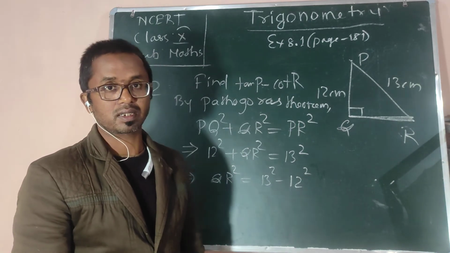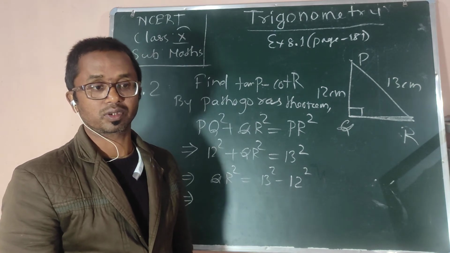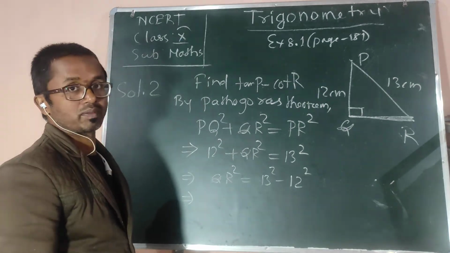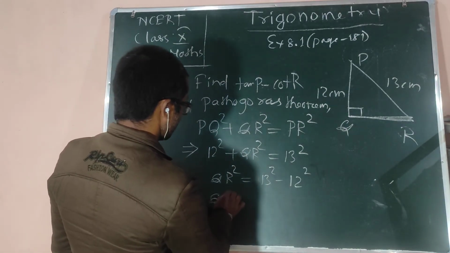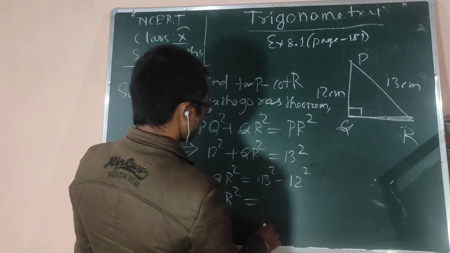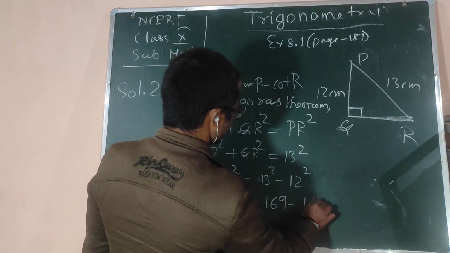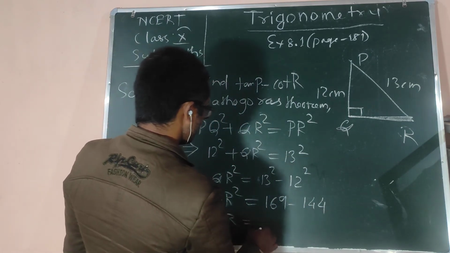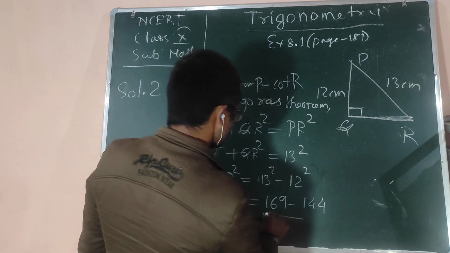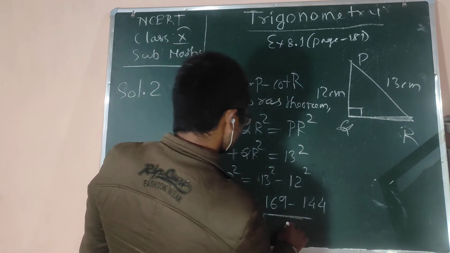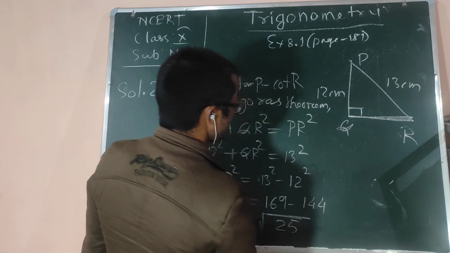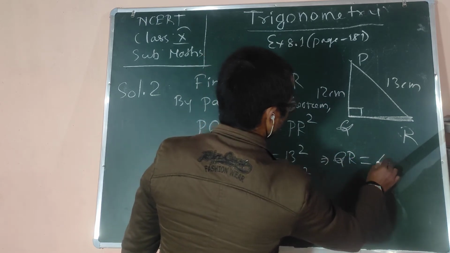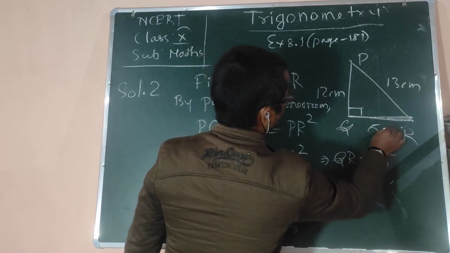But the beginners, I would like to request you, keep squares from 1 to 30 memorized always, so that it becomes very handy. What is the square of 13? 169. What is the square of 12? 144. Now subtract. So QR we get root over 25, that is QR is equal to 5. So here is 5 centimeter.